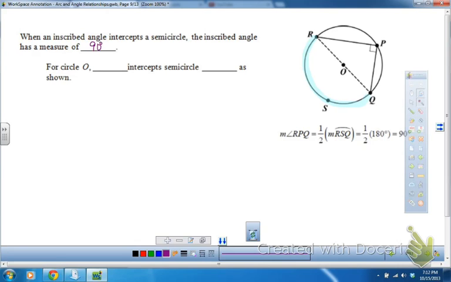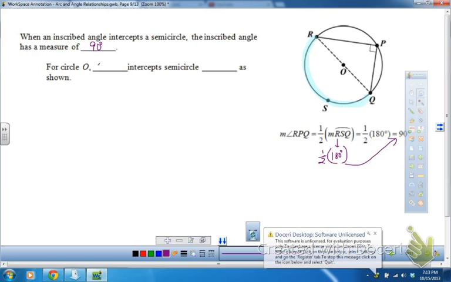Well, that's because the semicircle is equal to 180 degrees, and if you take half of 180 degrees, you get 90. So anytime you see an inscribed angle that includes the diameter and the semicircle, it will be 90 degrees.